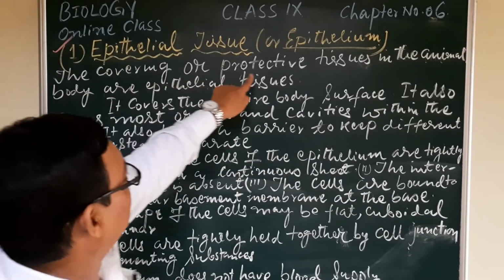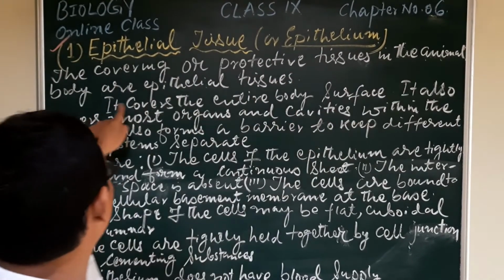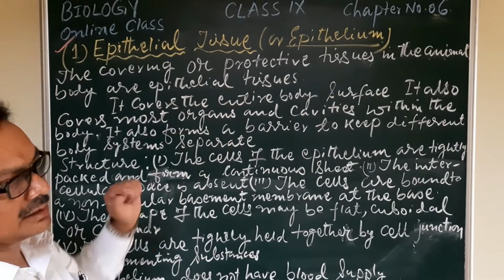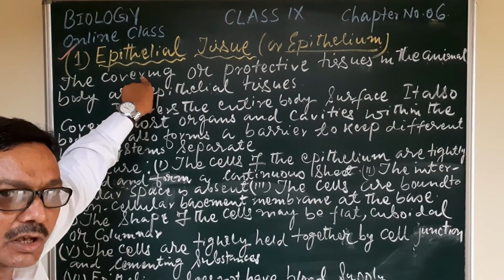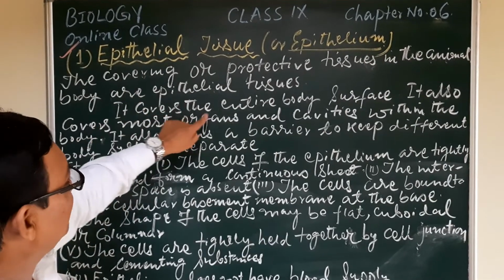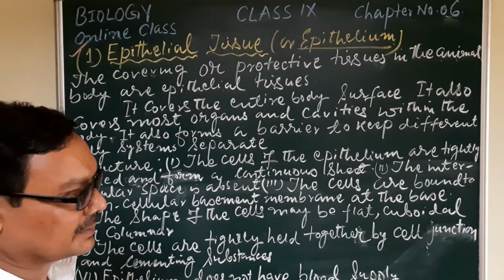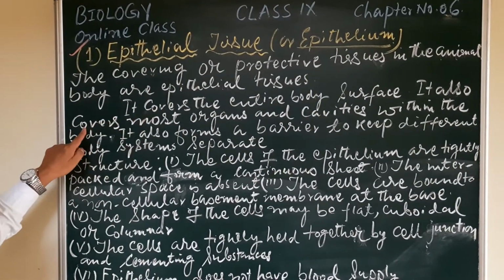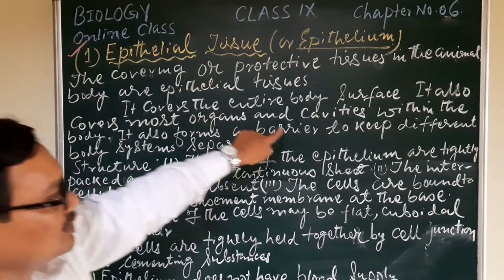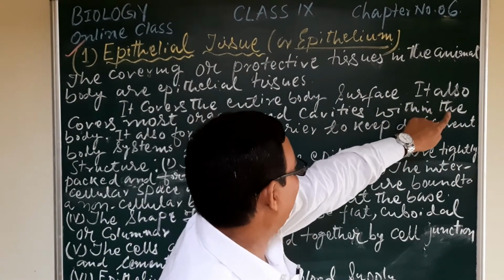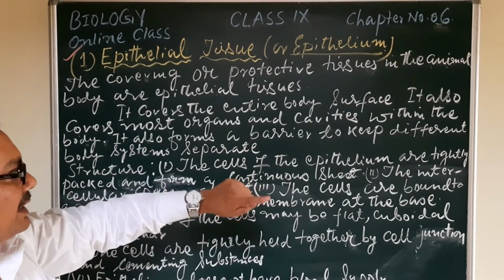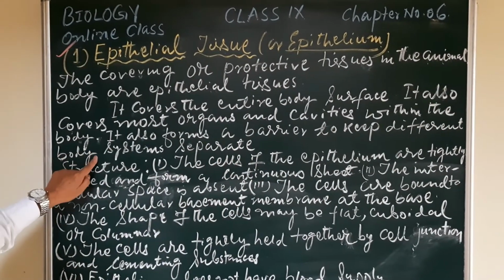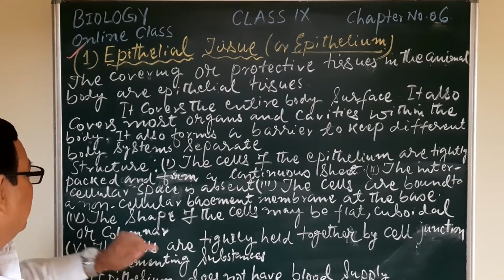The covering or protective tissues in the animal body are epithelial tissues, just like the epidermal tissues of the plant. It covers the entire body surface, and also covers most organs and cavities within the body. It also forms a barrier to keep different body systems separate.